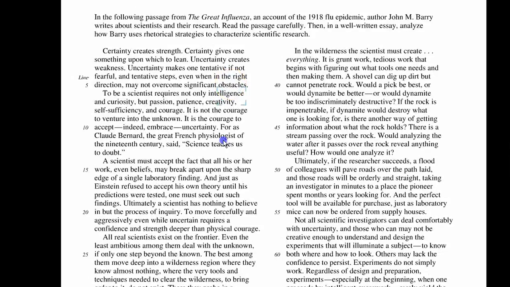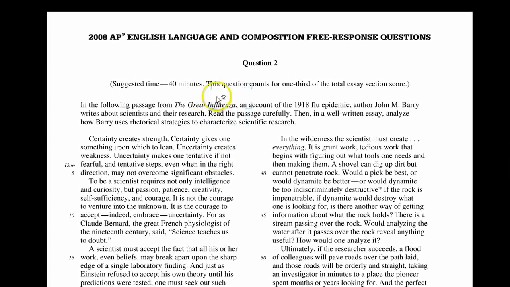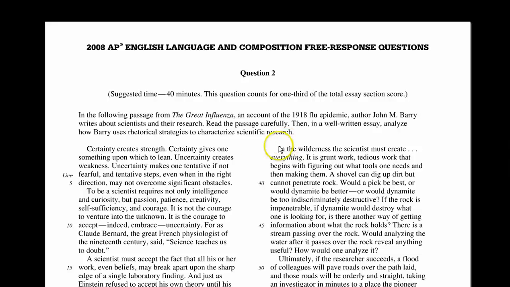So what does it look like to find an absolute in action on a piece of writing or perhaps on an AP test where you're asked to analyze the rhetoric of a piece of writing? Well, maybe something like this. This is actually from the 2008 AP test, and this was the rhetorical analysis question. It was an article about the great influenza, 1918 flu epidemic.